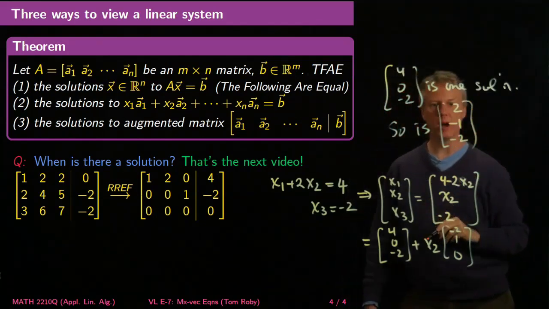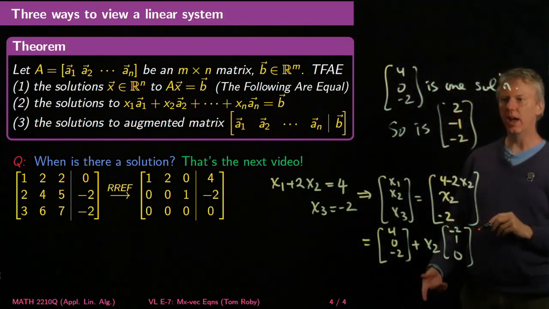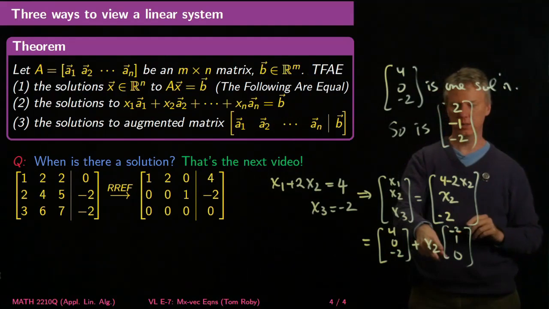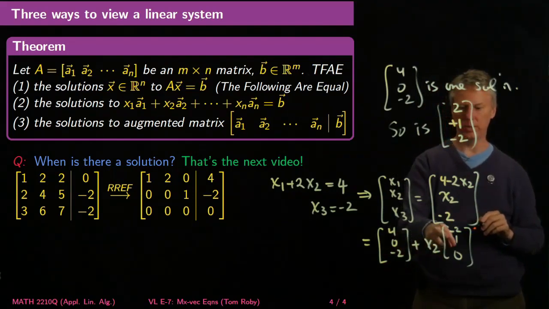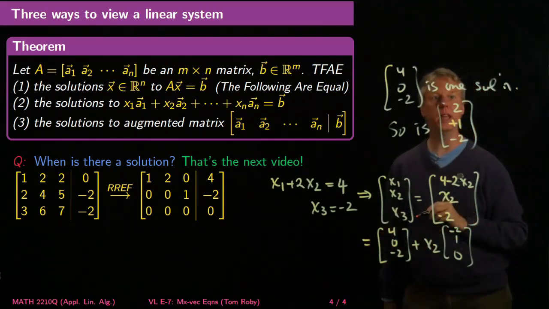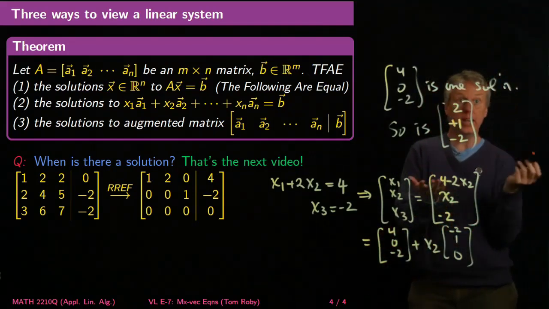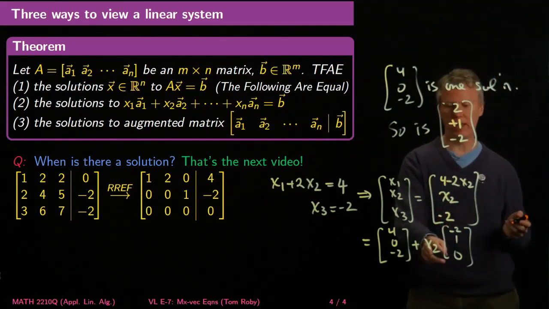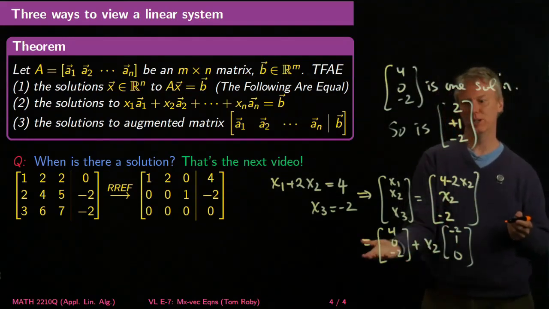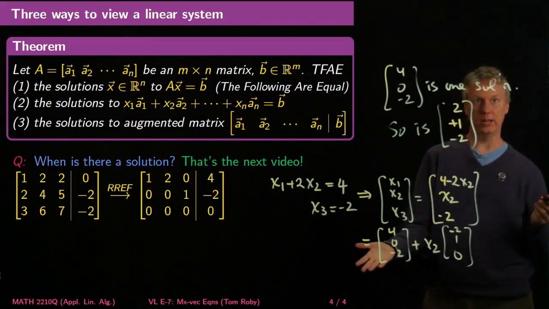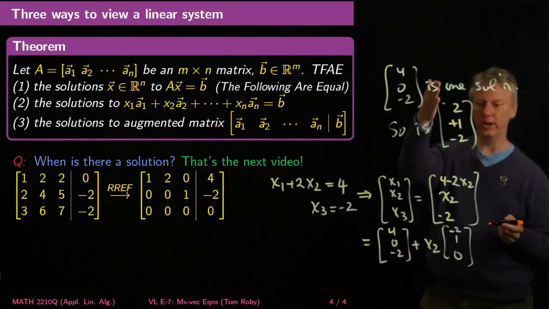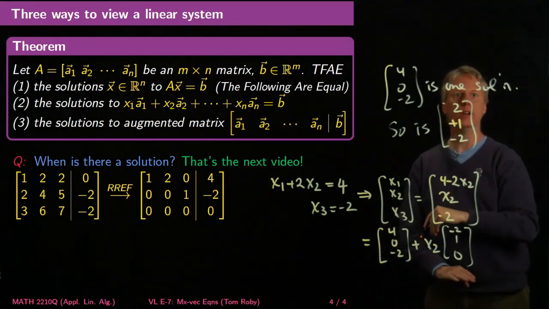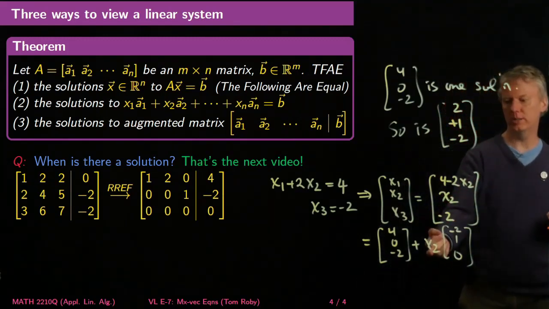Sorry, so (2, 1, negative 2) is another solution, because I'm adding 1 times that vector. And I could get as many as I want by varying x2. x2 could be 17 or the square root of pi or any number I want. And I'll get a continuous line full of solutions parameterized by x2.